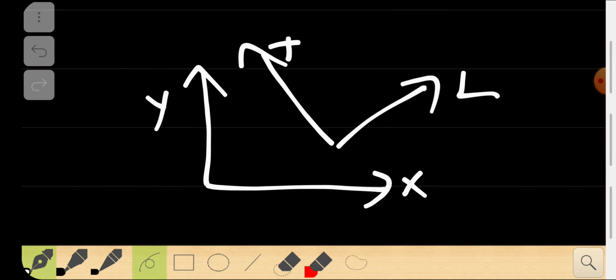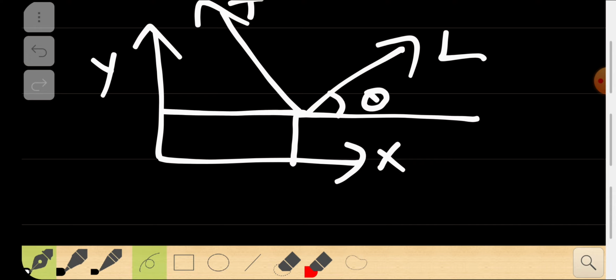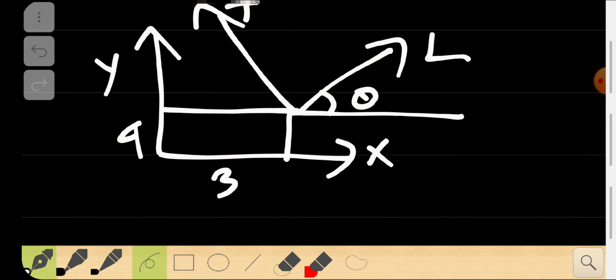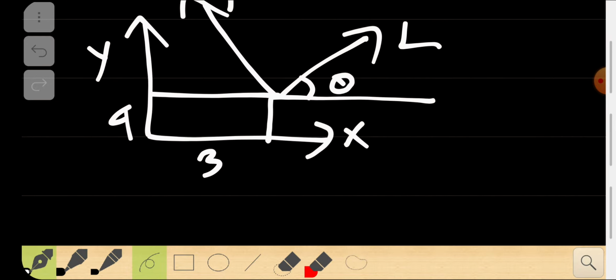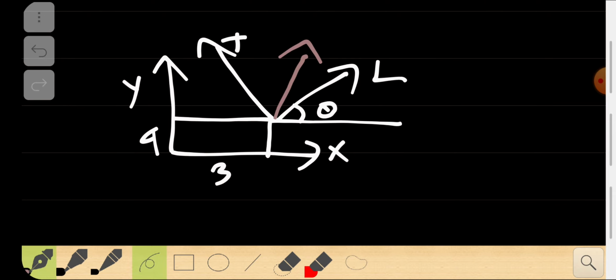If you know the angle between these two coordinate systems, and you know the separation distance of the new coordinate system, you can easily transform. Let's call this 3 and 4. If it was 3 and 4, you know all this, and you need to find out what the vector r is in the coordinate system x and y.